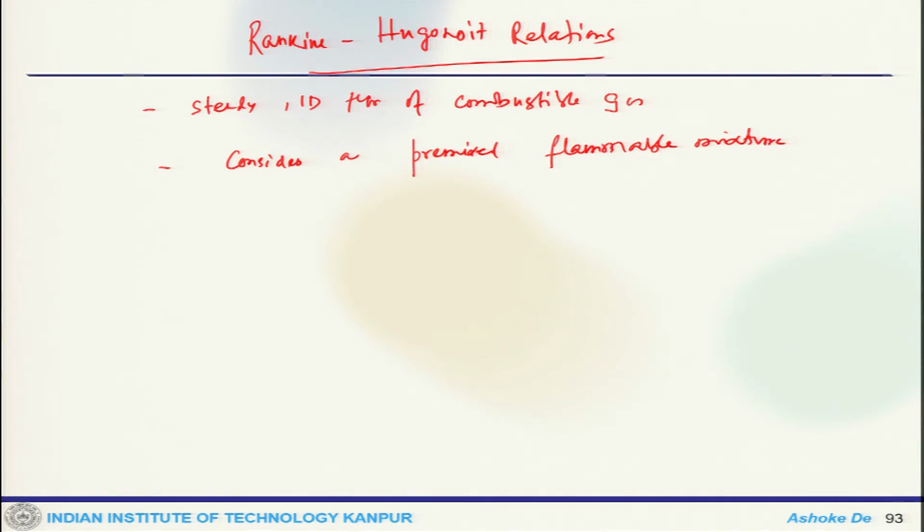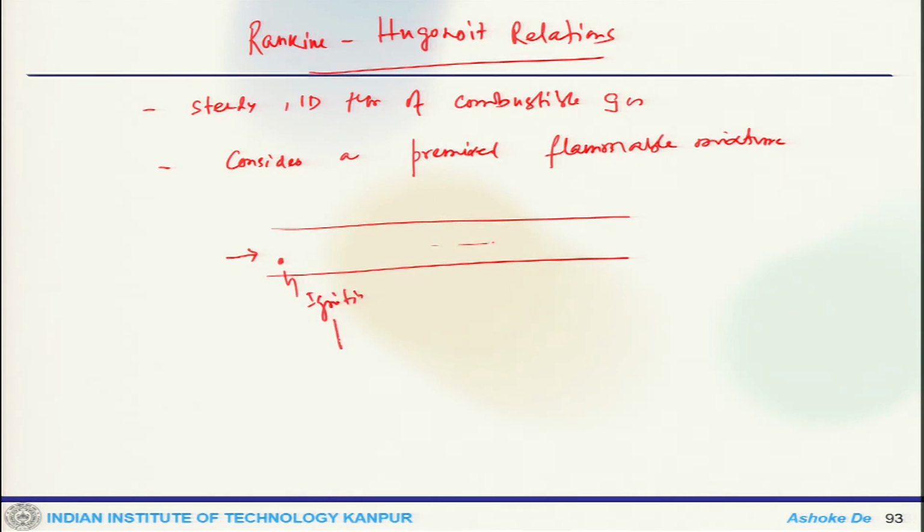So, you have a long tube, inside that you have a premixed mixture which is coming from one end. Obviously, if you have that, the combustion will travel down to the other end if this is the ignition point. From the ignition point the wave will travel to the other side.